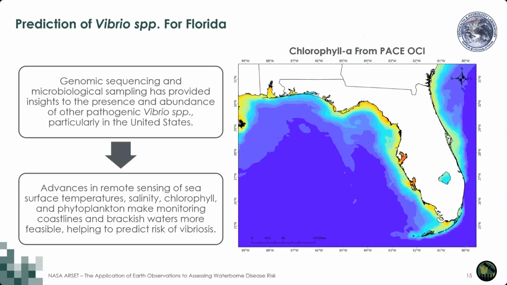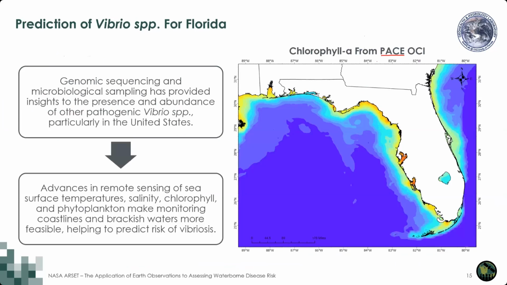So in this one, what you're seeing is a typical chlorophyll product from PACE. PACE is a new satellite from NASA, which has hyperspectral capabilities, meaning that it has more wavelengths than any other satellite that is measuring coastal ecological conditions.